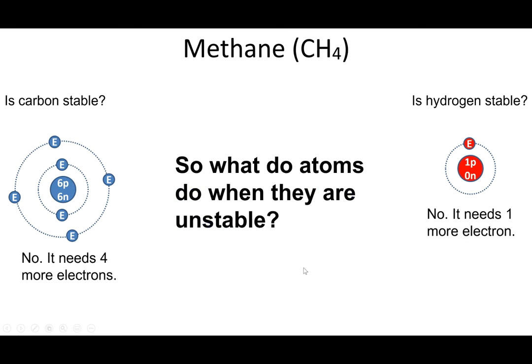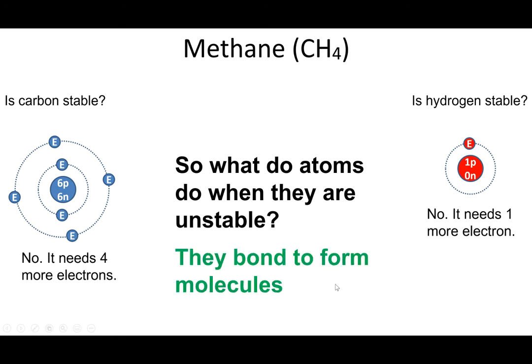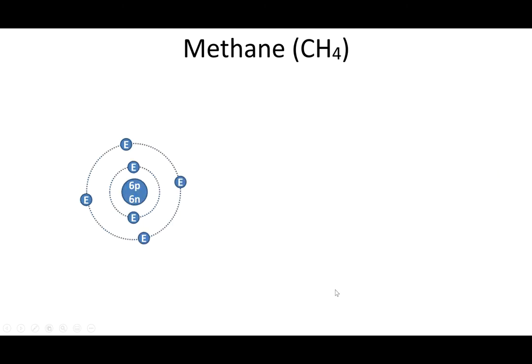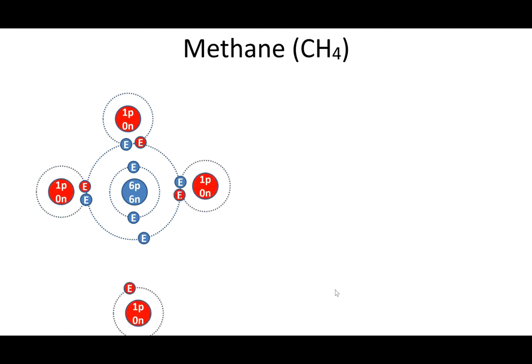So what do atoms do when they're not stable or when they're unstable? They bond to form molecules. Remember, an atom is singular, molecule is multiple. So here we have our carbon, and it's going to bond 4 times. This is methane. Now, that hydrogen and the carbon are sharing. They're both satisfied.